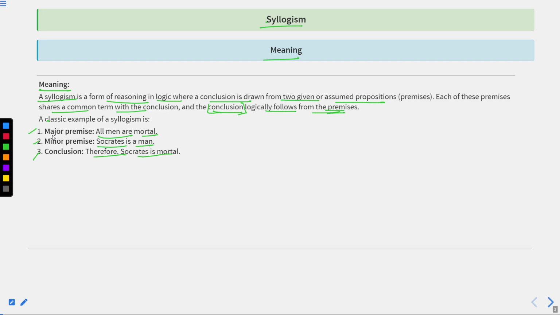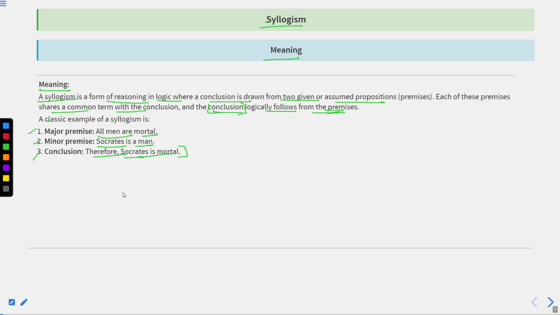But when questions on syllogism are put up in front of you, instead of the conclusion that therefore Socrates is mortal, this conclusion might be replaced with some other conclusion in order to confuse the students.